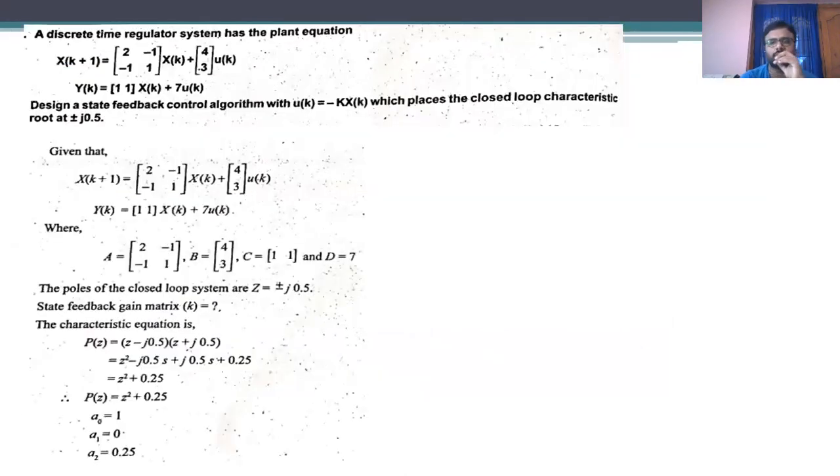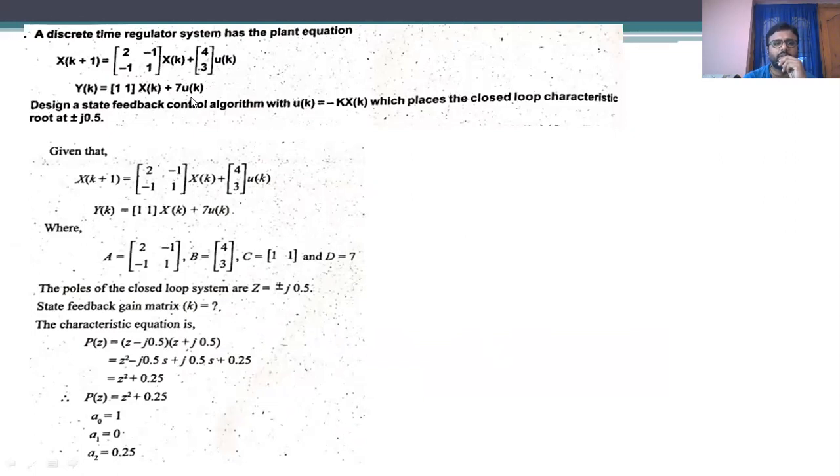This is the statement of the problem. A discrete time regulator system has the plant equation x of k plus 1 is equal to the matrix [2, -1; -1, 2] into x of k plus the column matrix [4; 3] into u of k. And the output equation y of k is equal to [1 1] into x of k plus 7 into u of k.